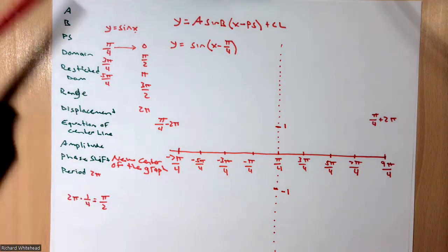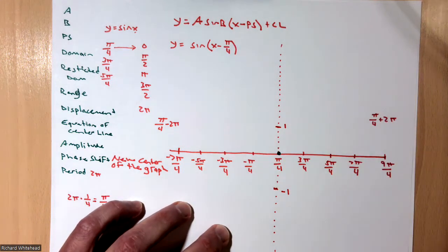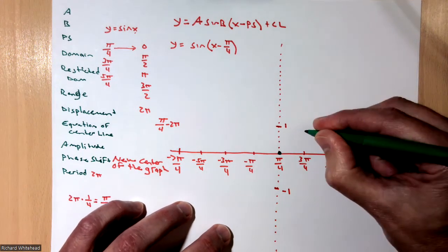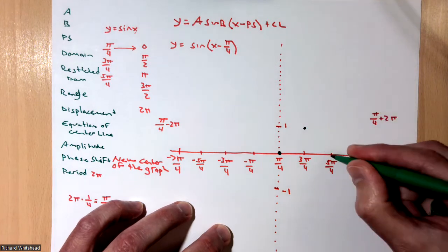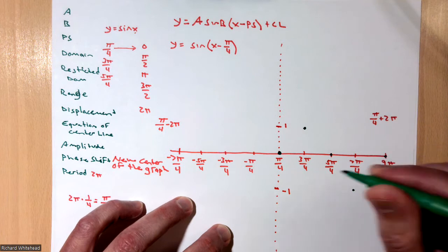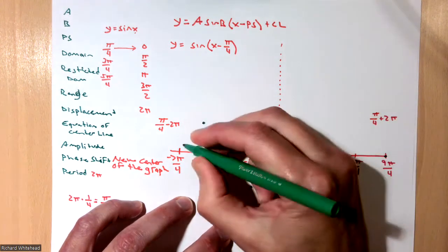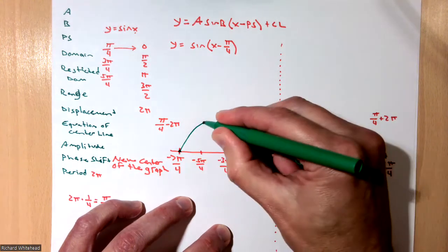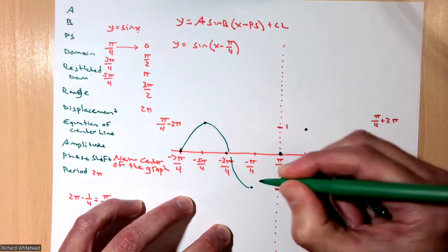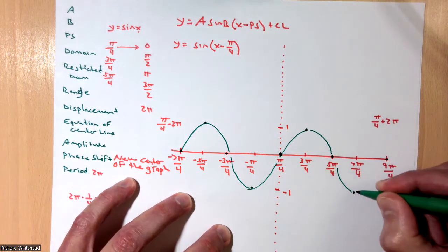When we sketch the graph, just like we always do, sine curves always start right there in the center. Positive sine curves go up: max, center, min, center, min, center, max, center. So we get our graph.